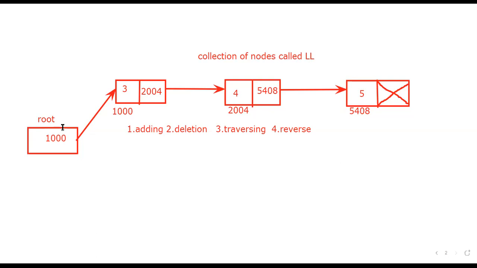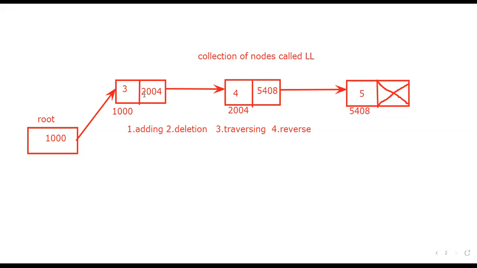Then the first operation on a linked list is adding, addition. Addition means not 3 plus 4 plus 5. It means adding a new node. Because we not only store integer values, for example, you may store section A data, section B data, and section D data, every section having different names and particulars.